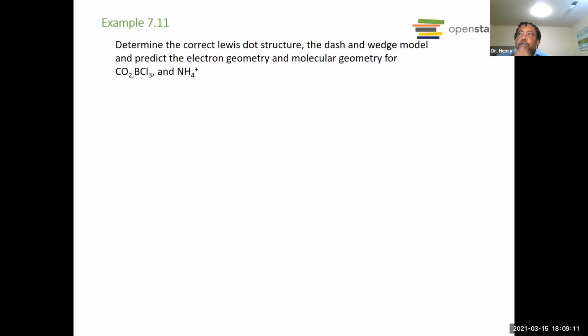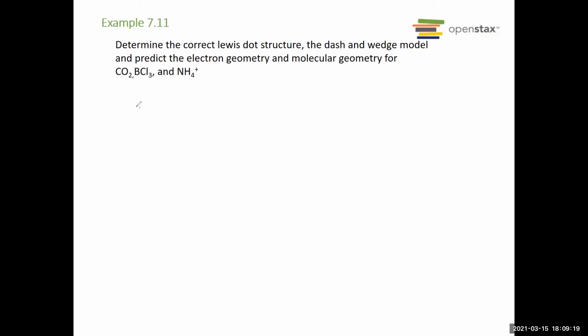Okay, so what would be the Lewis dot structure for carbon dioxide? With carbon in the middle. So would we also have to take into consideration a formal charge?